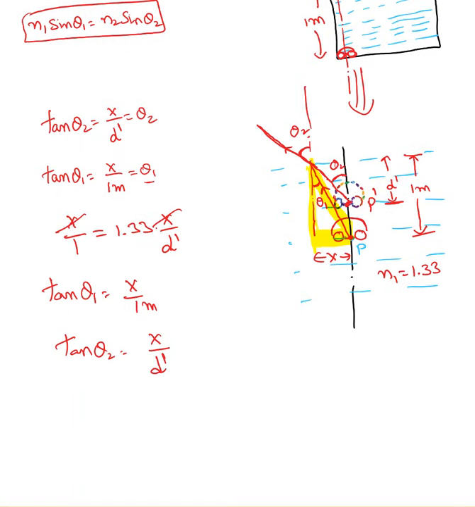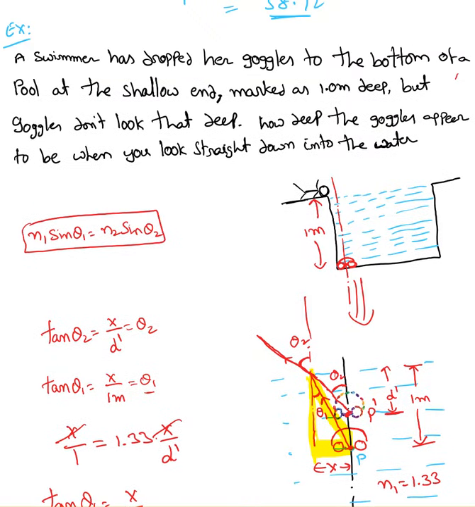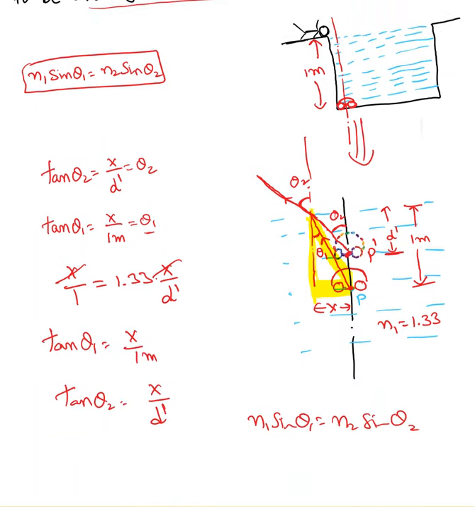Once we define that, I'm going to use Snell's law, n1 sine theta 1 equal to n2 sine theta 2. He clearly mentioned in the question: when you look straight down into the water. So we are looking straight down, which means theta 1 and theta 2 are really small.